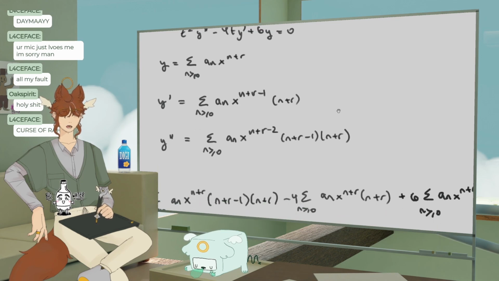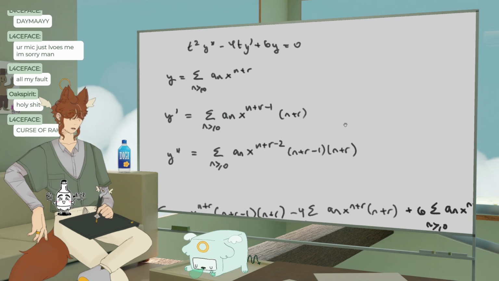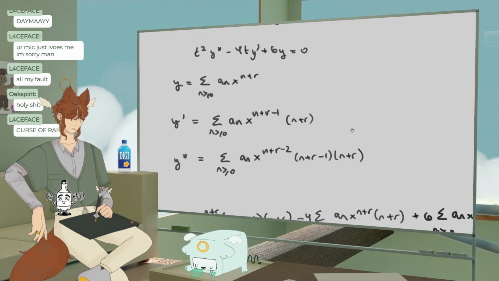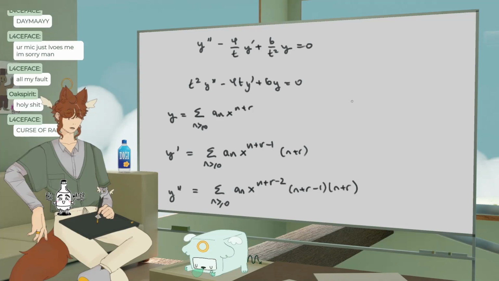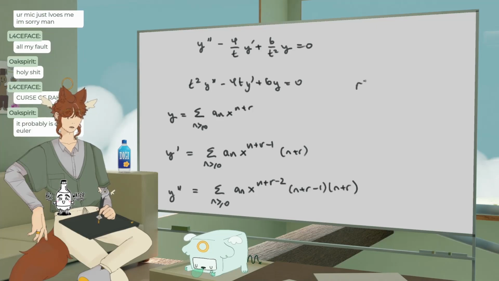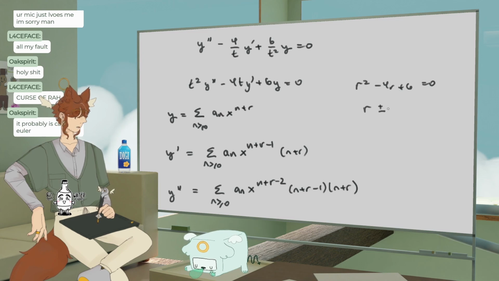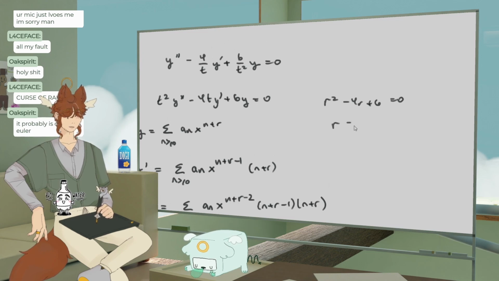Wait, is this not just a Cauchy-Euler equation? Is this not just literally straight up Cauchy-Euler? Isn't this just r squared minus 4r plus 6 equals 0, and then you get r plus or minus. It probably is Cauchy-Euler.